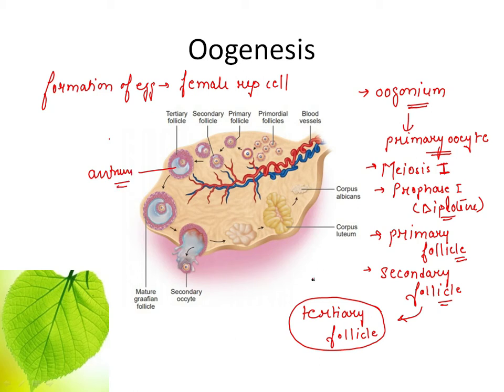So how can you recognize tertiary follicle? Actually the fluid filled cavity antrum is seen in the tertiary follicle. Along with this feature, the theca is categorized into theca interna and theca externa.